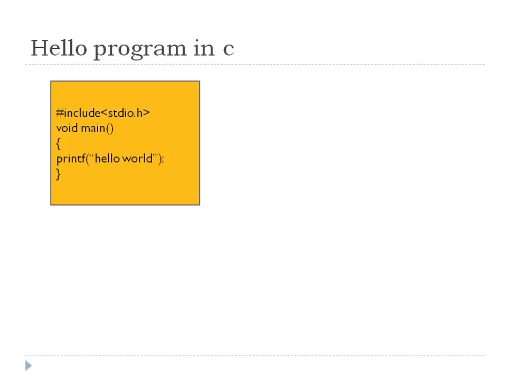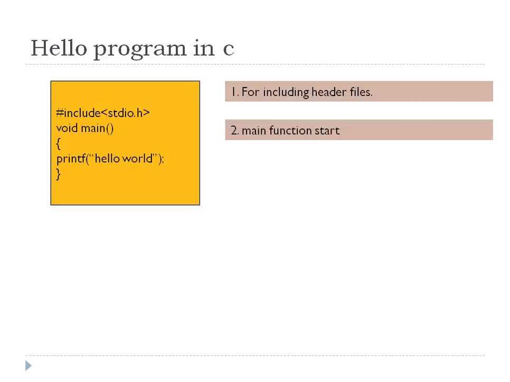So in the first statement we include the required library. Second, we need to write a main function. This is the signature of main. Void means this function is not returning anything, and it does not have any argument as well. And third, we are printing hello world on screen.